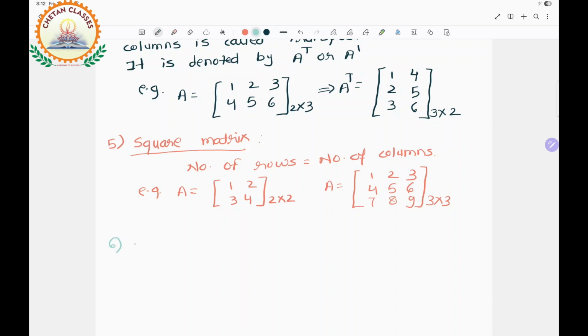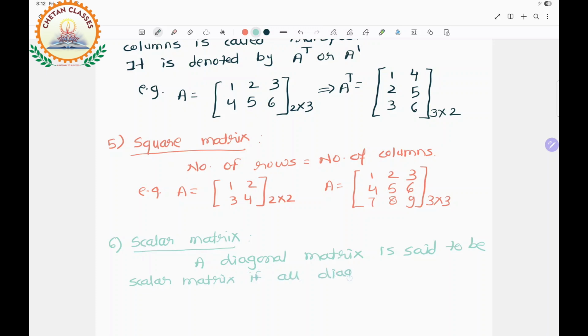Next type, scalar matrix. A diagonal matrix is said to be scalar if all diagonal elements are equal.